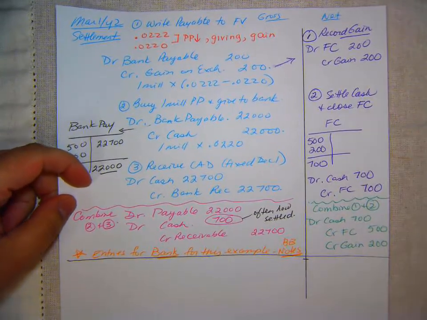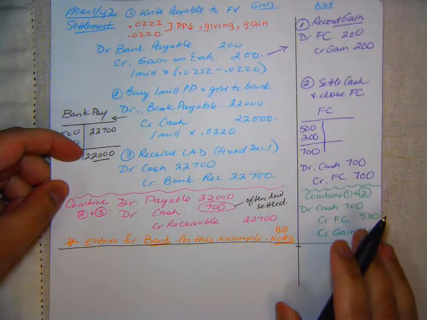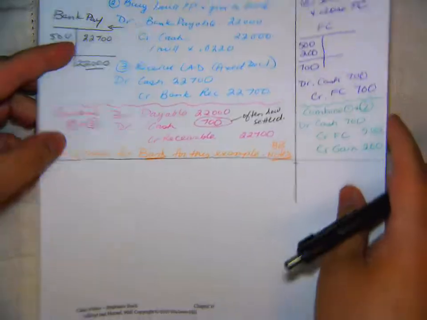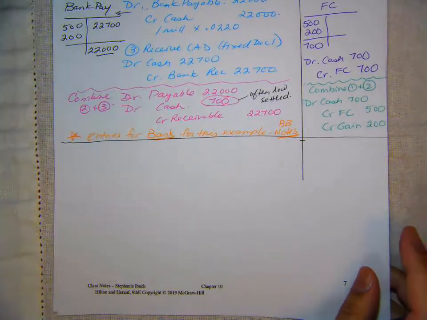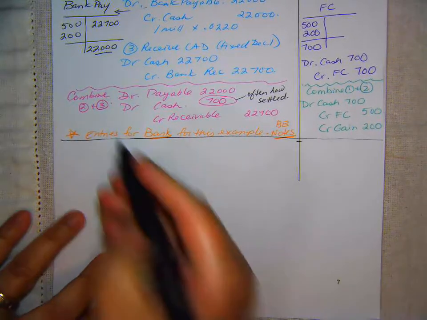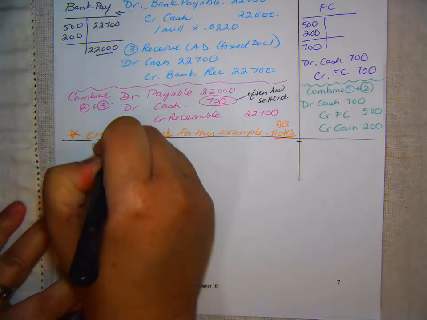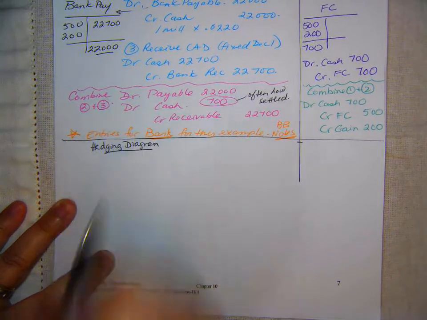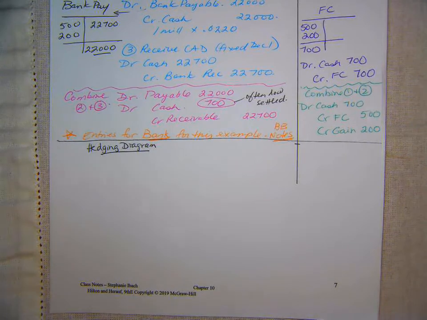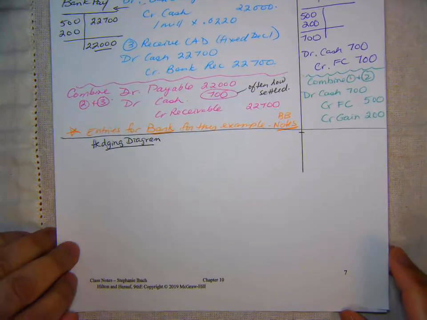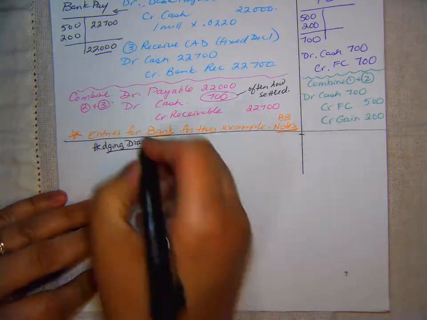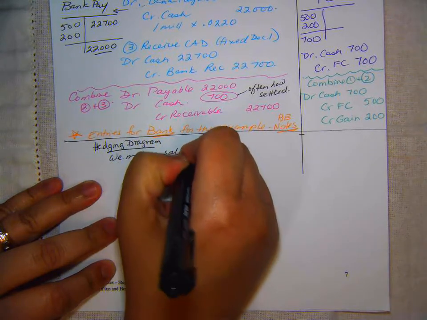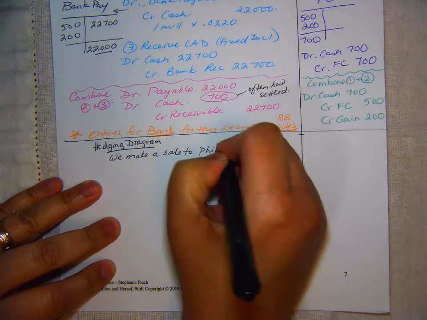So on page 7 we left this little space. I'm just going to call it a little hedging diagram. Let's say we make a sale to a Filipino company for 1 million pesos in 60 days.